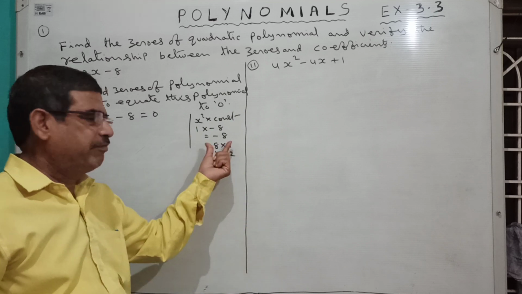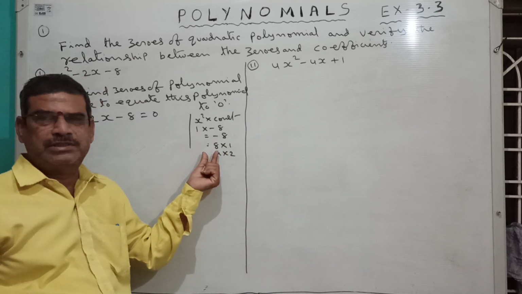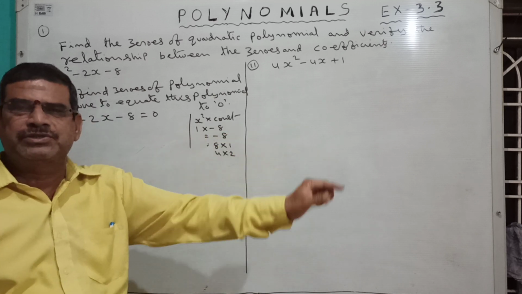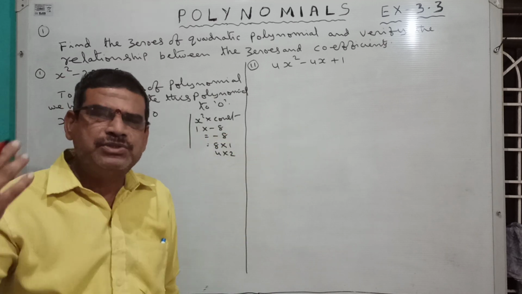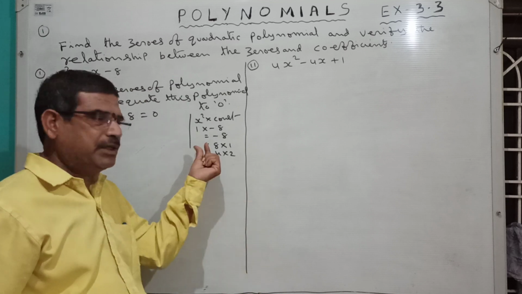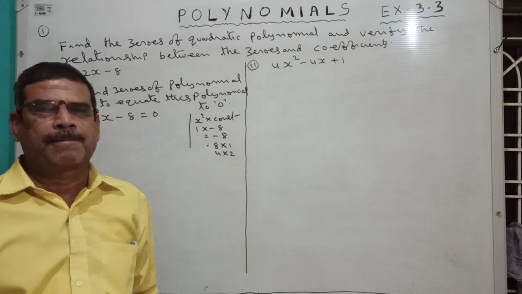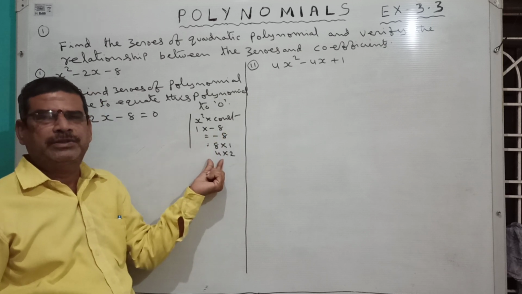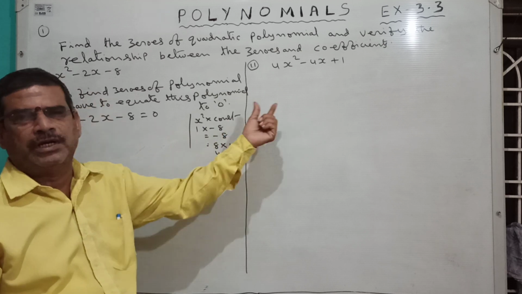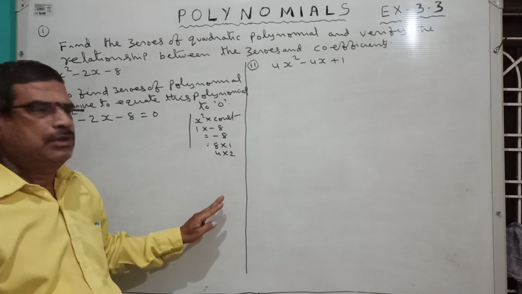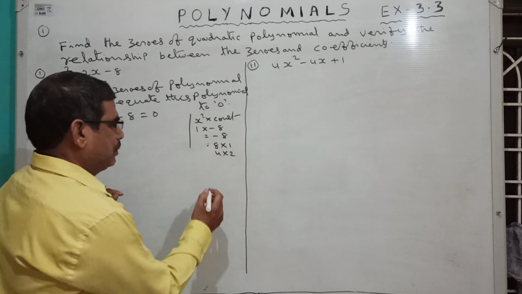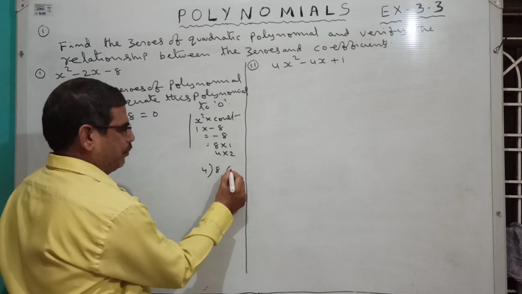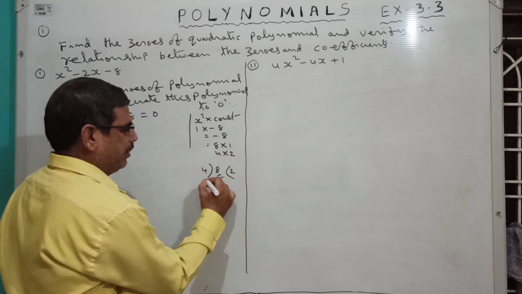That is called factors. The meaning of factor is, if I divide 8 by 8, the remainder is 0. If the remainder is 0, then I say that number is a factor of that big number. If I divide 8 by 4, what is the answer? 2. 4 twos are 8. The remainder is 0.